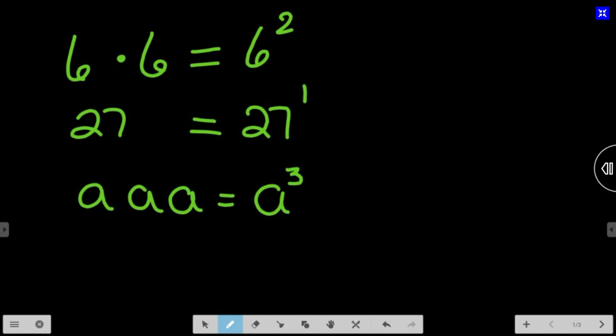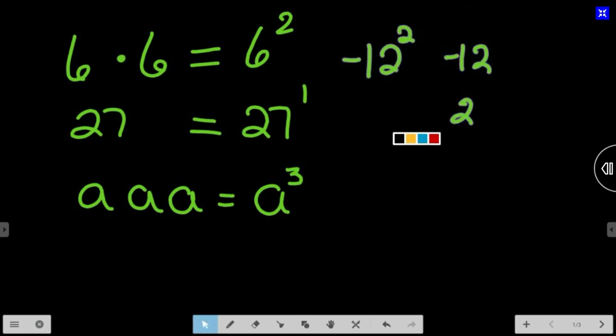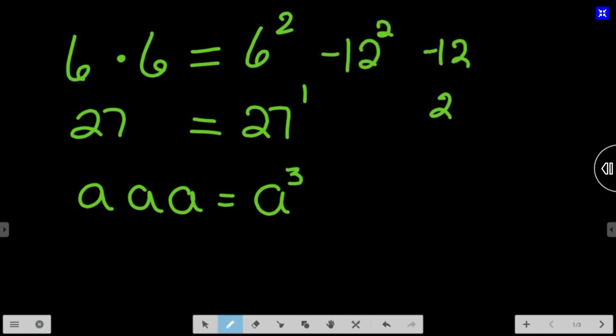All right, number 7. I have negative 12 to the second power. We're going to see if you were listening to me a little while ago. What's the base? Negative 12. What is the exponent? 2. What is that going to look like in expanded form? -12 times 12.